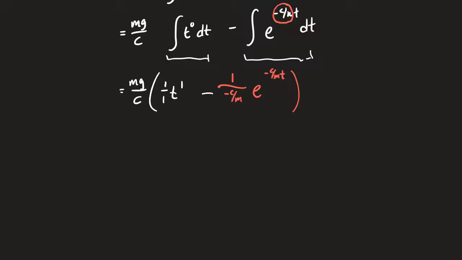Now I'd like to clean this up. So the first thing I will do to clean it up is distribute the mg over c. I'm going to reciprocate this. So that's negative m over c.